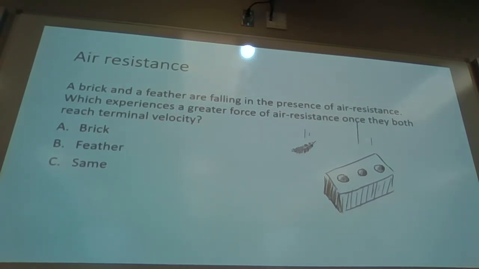Now, the feather is more responsive to air resistance, like it reaches terminal velocity way sooner than the brick does. But once they reach terminal velocity, in order for the brick to experience terminal velocity, air resistance has to equal the weight, which is way more than the feather's weight.